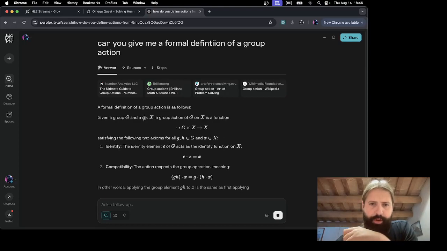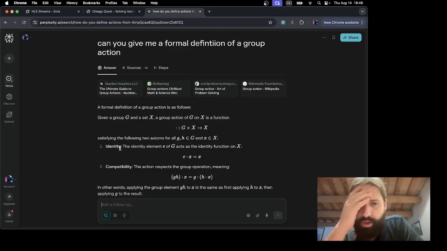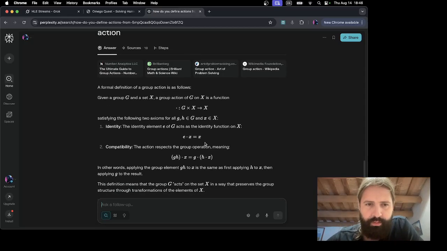A formal definition of a group action is as follows. Given the group G and a set X, a group action of G on X is a function G × X that maps to X, satisfying the following two axioms for all g, h belonging to G and x belonging to X. The identity: the element e of G acts as the identity function on X. The action respects the group operation.